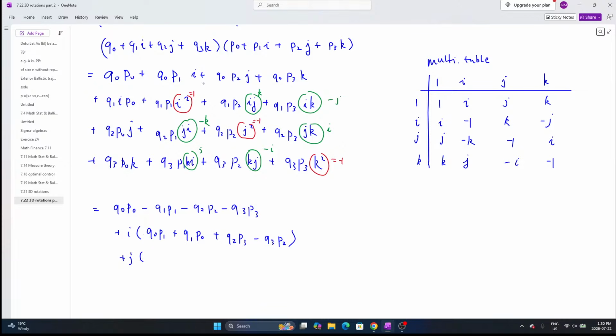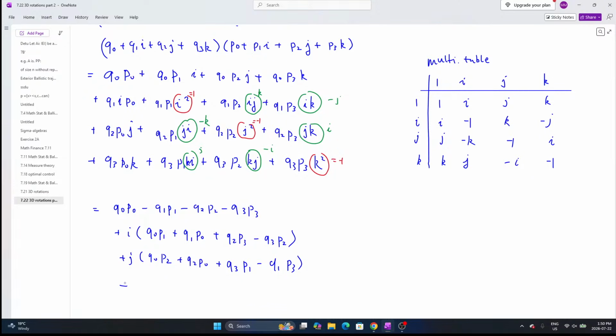How about that? j, you get q0 p2, and then second row you get a minus q1 p3. Third row you get a q2 p0. And the last row you get a plus q3 p1.